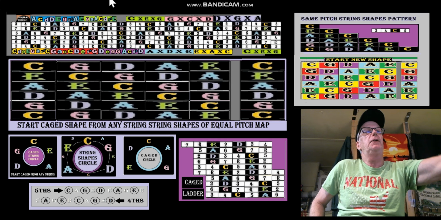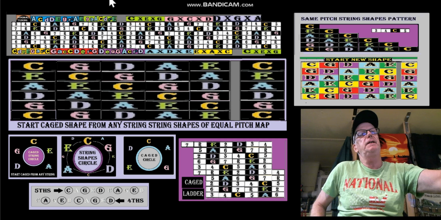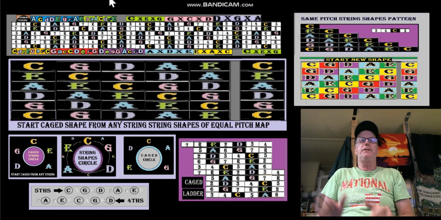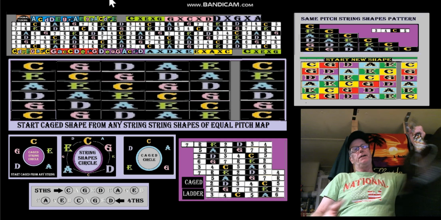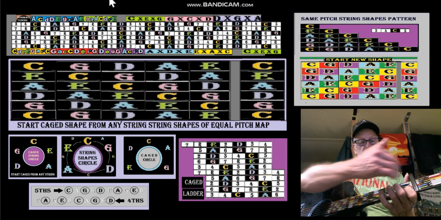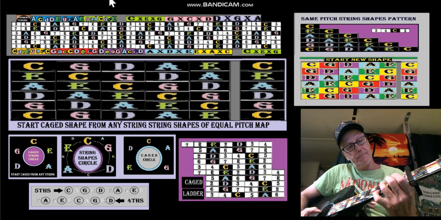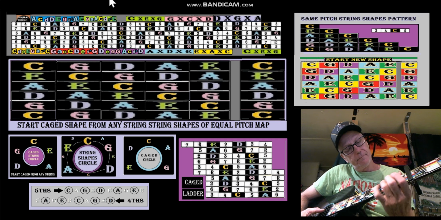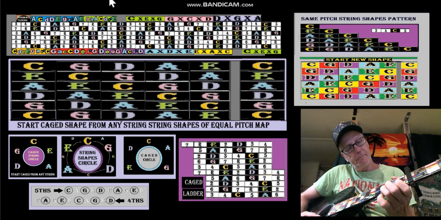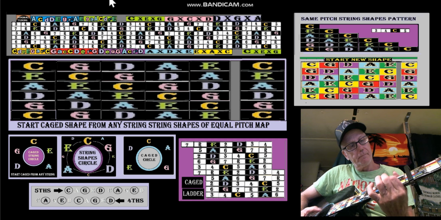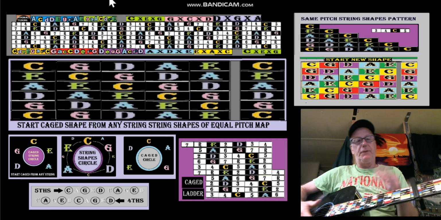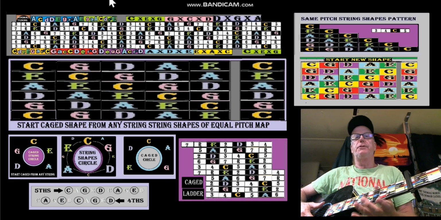It's C. It's C, D, E, G, A. So the cage system is done in the key of C, and so is the first 4 frets here, where you can do a diatonic C. Alright, so that is also arranged in C, which is nice for us.